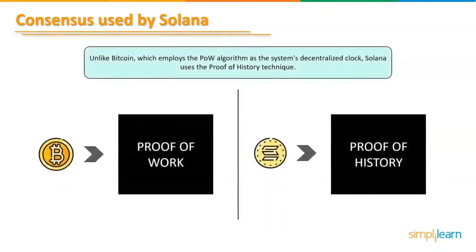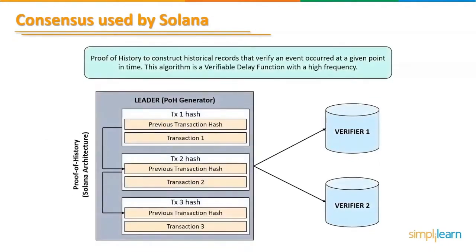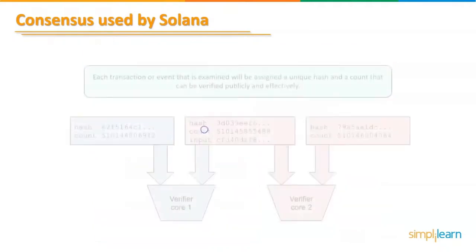Unlike Bitcoin, which employs the proof of work algorithm as the system's decentralized clock, Solana uses the proof of history technique. You can use proof of history to construct historical records that verify an event occurred at a given point in time. This algorithm is a verifiable delay function with a high frequency. This function requires a specific number of sequential steps to evaluate.